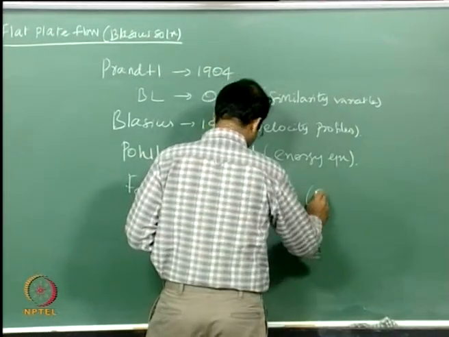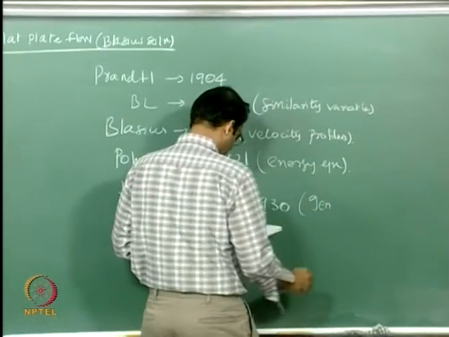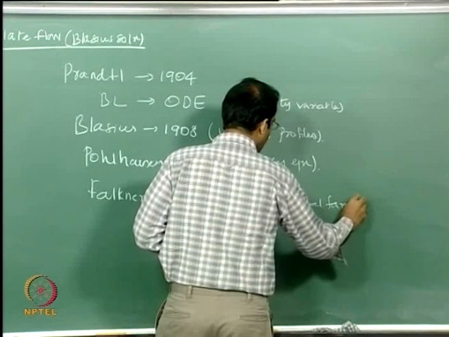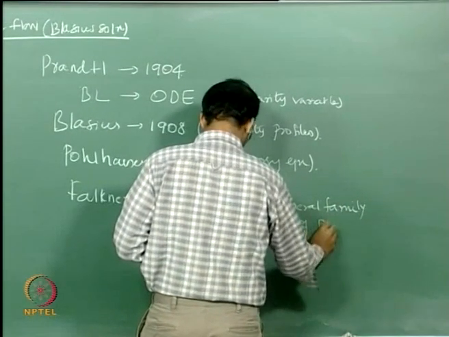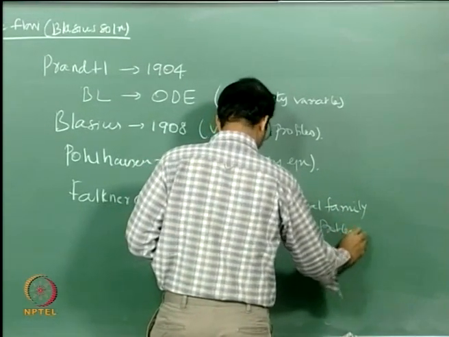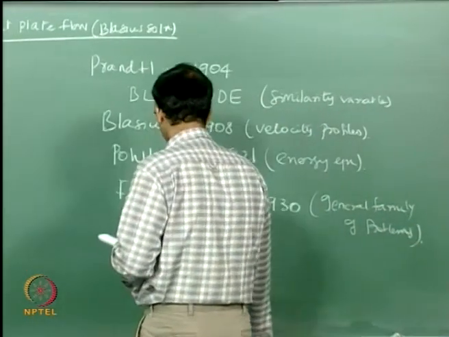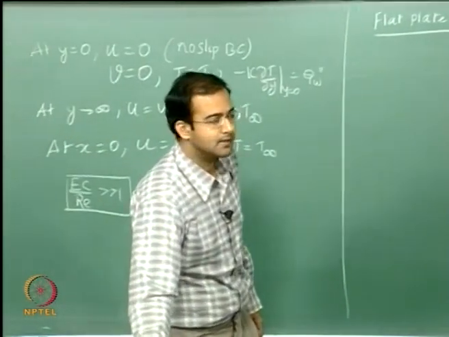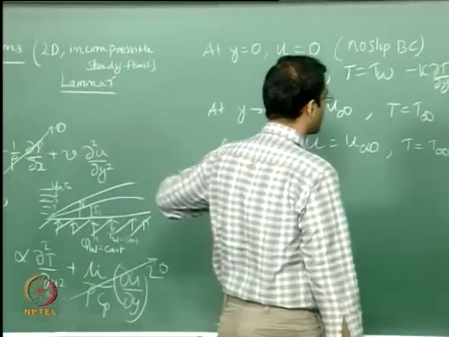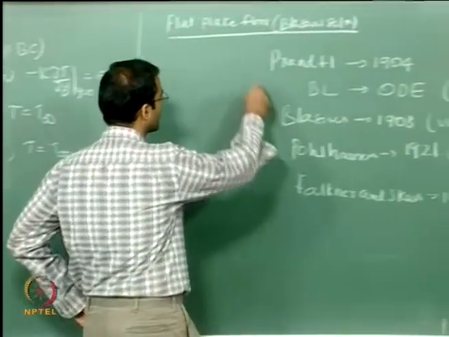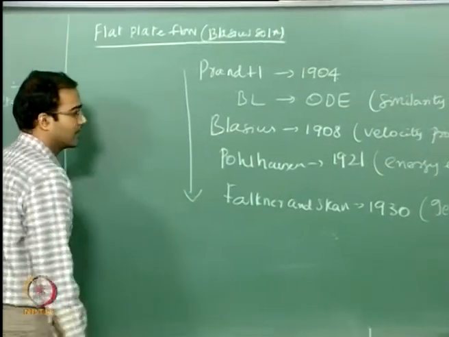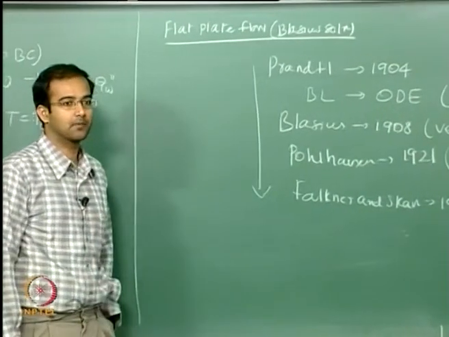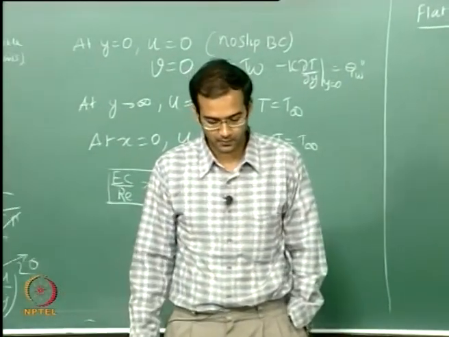These are a general family of problems. So you can see that it had a considerably long history, and in this course, when we are talking about external flows, we will be doing all of this, starting from the Blasius solution till Falkner and Skan, and probably an extension of this to different boundary conditions.